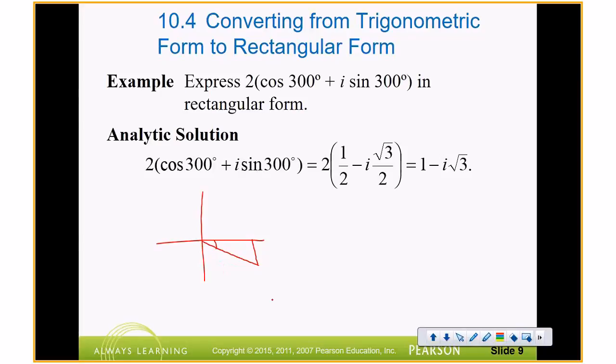Take it over here, 360. Sorry, 60 degrees. So there's your 60 degrees.